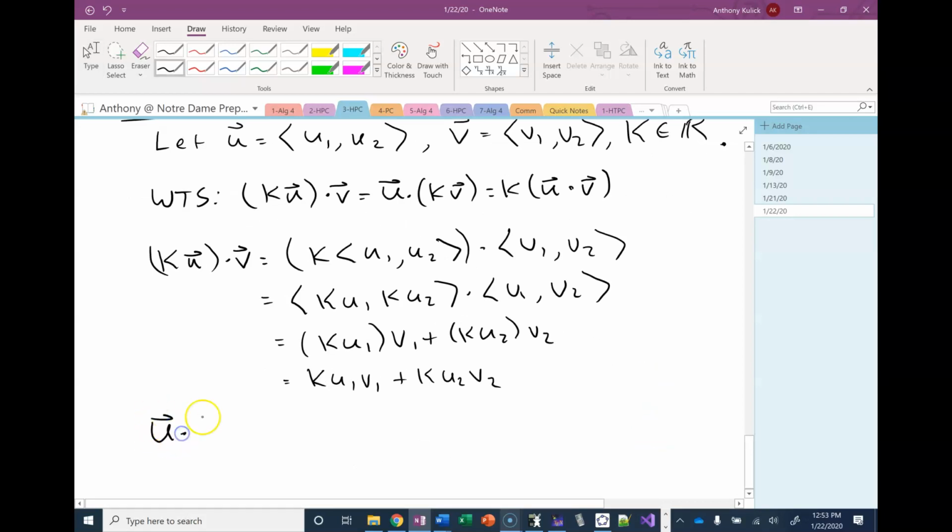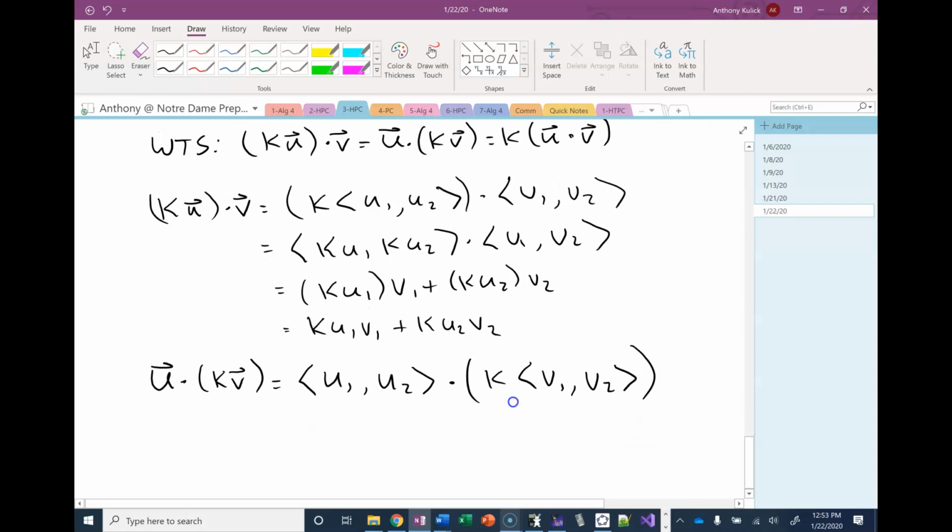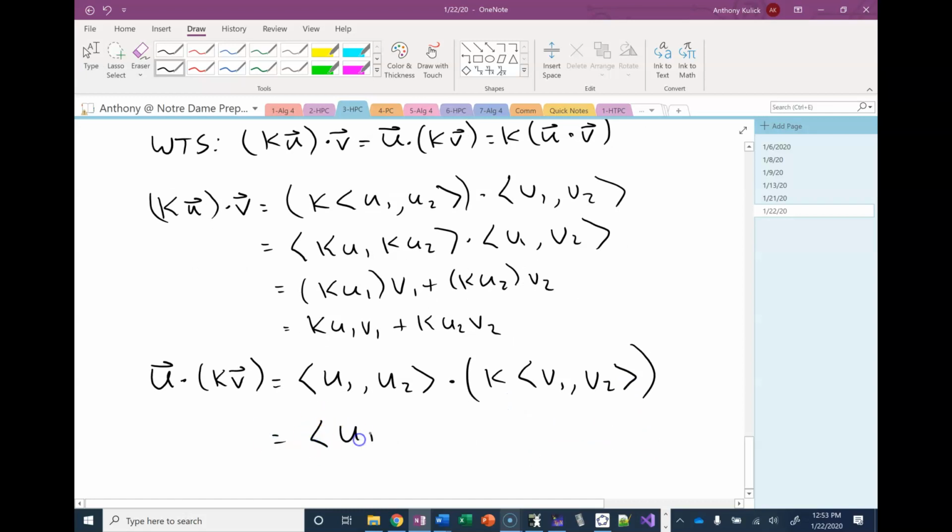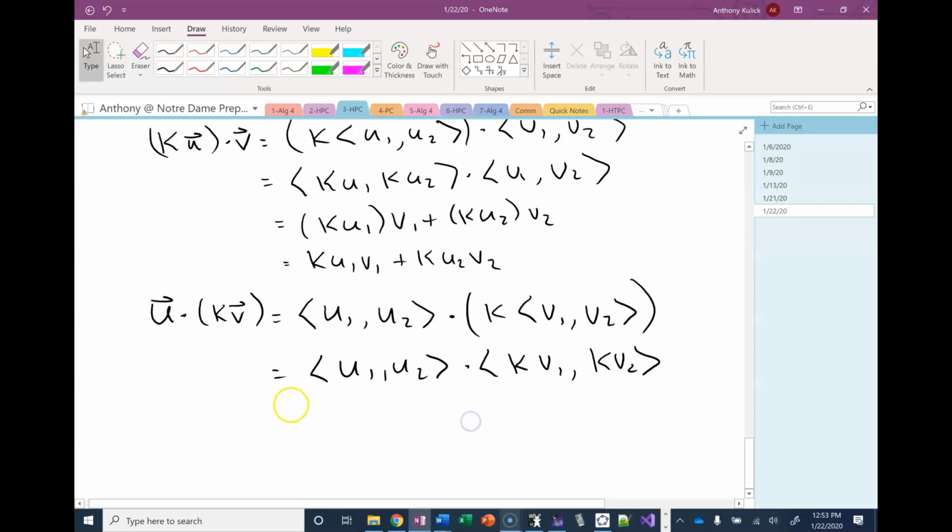Now let's look at the second piece. Again, I'm just going to start by replacing these with their component forms. First thing I'm going to do is perform the scalar multiplication. Now I'm going to do the dot product.